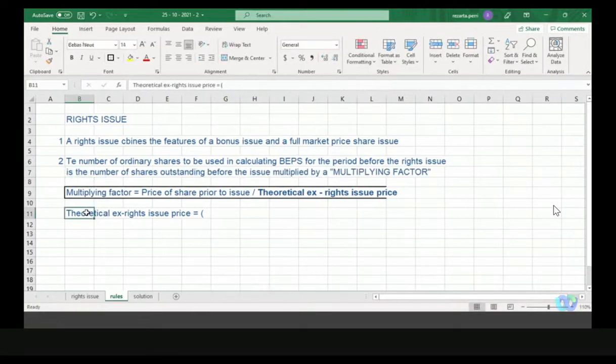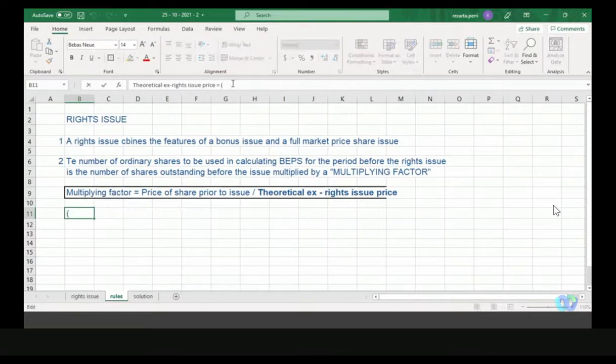As we said, usually the market itself does not reflect everything that the company is doing, and the market will have its own price after the rights issue. Right now, we want to know what would be a correct price of the shares to reflect the issue.